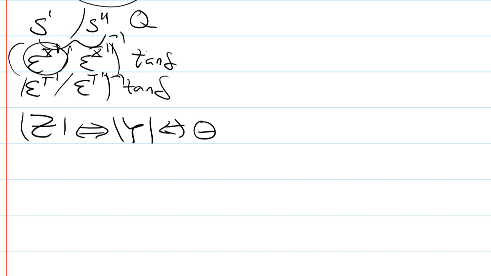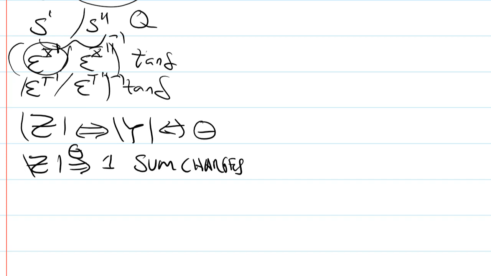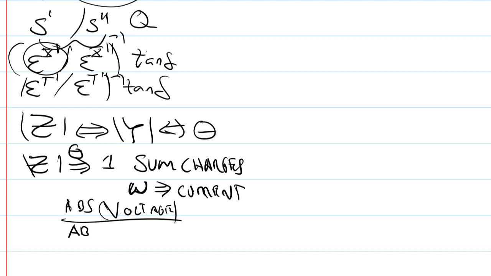But in order to determine the impedance or the admittance and the phase, you'll first have to sum the charges using a probe, then multiply by omega in order to get the current. In order to get the absolute impedance, you then have to take the absolute value of the voltage and the absolute value of the current.